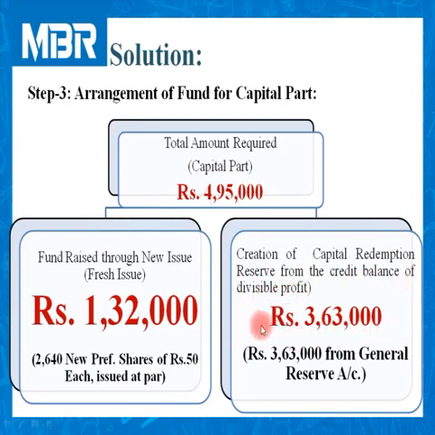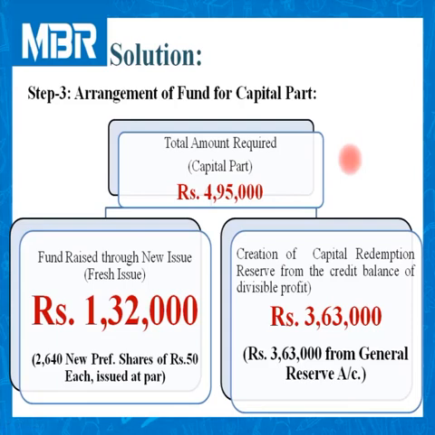I have already mentioned this figure, and these 3,63,000 rupees are collected from general reserve account, as the amount of general reserve account is enough to meet the requirement of the company to transfer to CRR, capital redemption reserve.